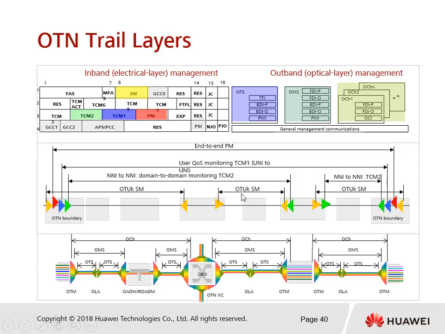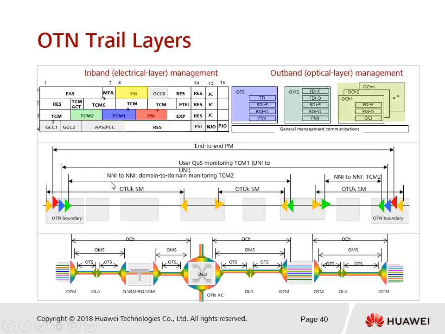And also, we can define the TCMi according to the requirements. For example, in this case, we define from end to end, we use the TCM1 for user QoS monitoring. And then between this OTM and this OTM, we define the TCM2.